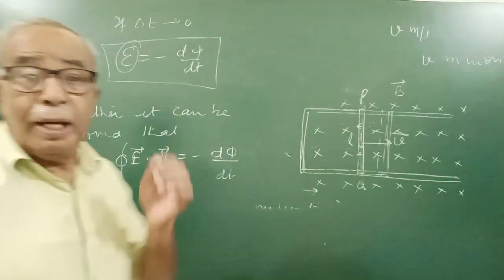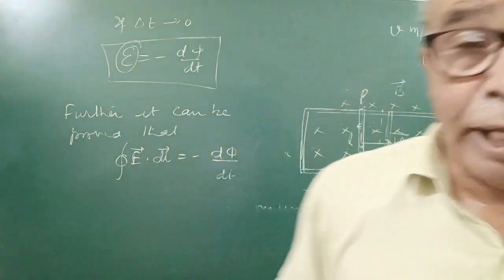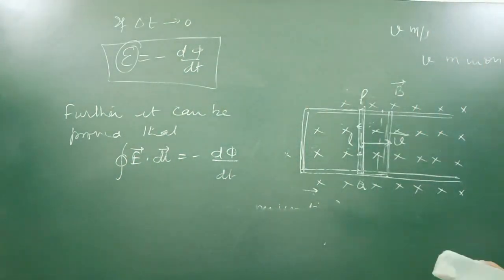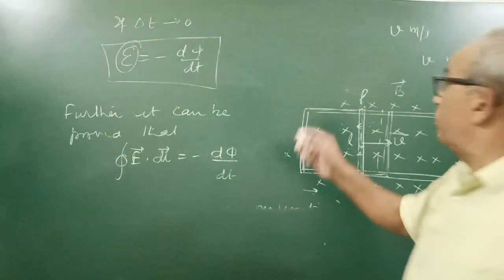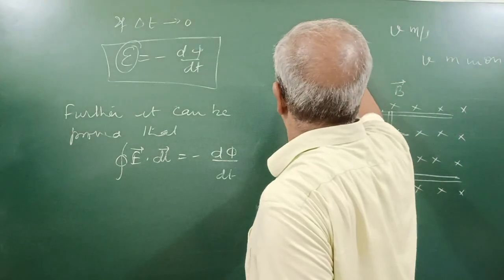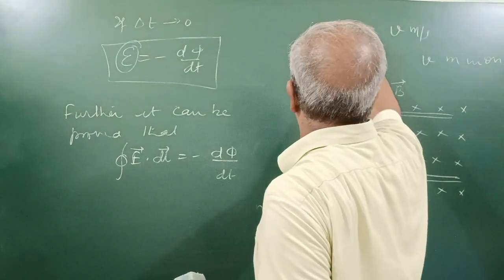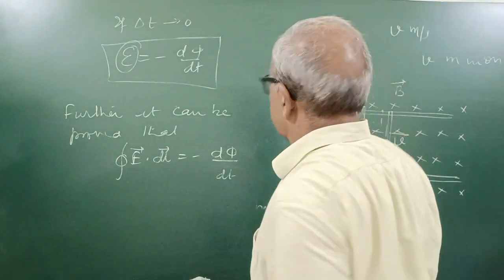In case of an electrostatic field, the line integral of E dot dl was 0, and hence the electrostatic field was conservative.